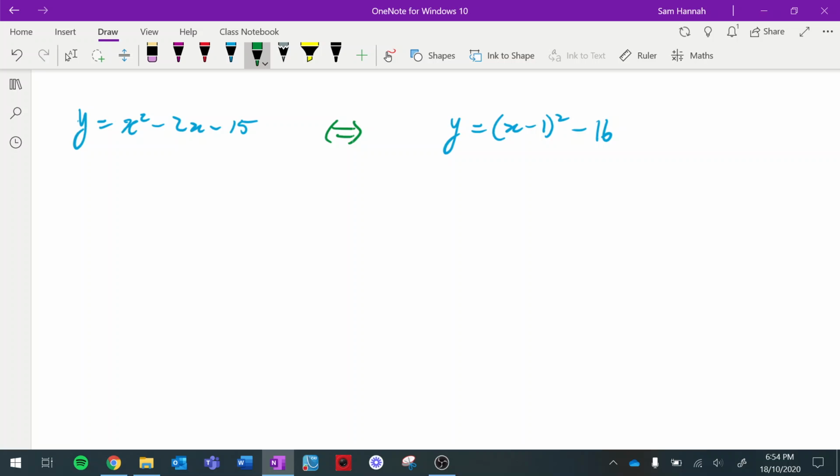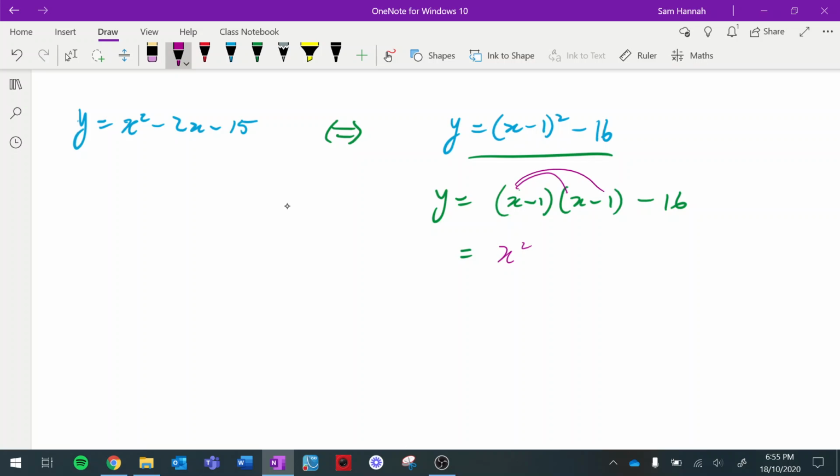Well, we could start with this one over in turning point form, and we could expand the brackets, because x minus 1 squared is the same as x minus 1 times x minus 1. And then we can do this thing where we do x times x is x squared, x times minus 1 is minus x, minus 1 times x is minus x, minus 1 times minus 1 is plus 1, take away 16.